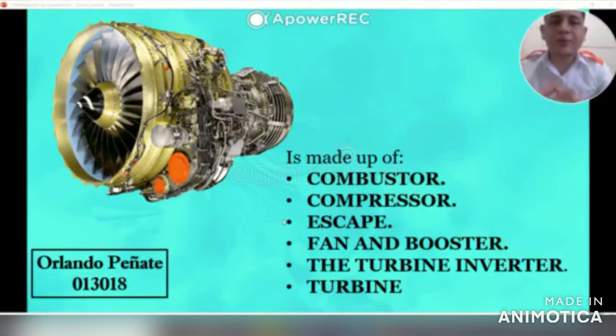This is in contrast to a can combustion chamber, where each combustion chamber is separate, and the cannular combustor, which is a hybrid of the two. The compressor is the high pressure compressor, HPC, which was at the center of the original design, featuring 9 stages on all variants of the CFM56.